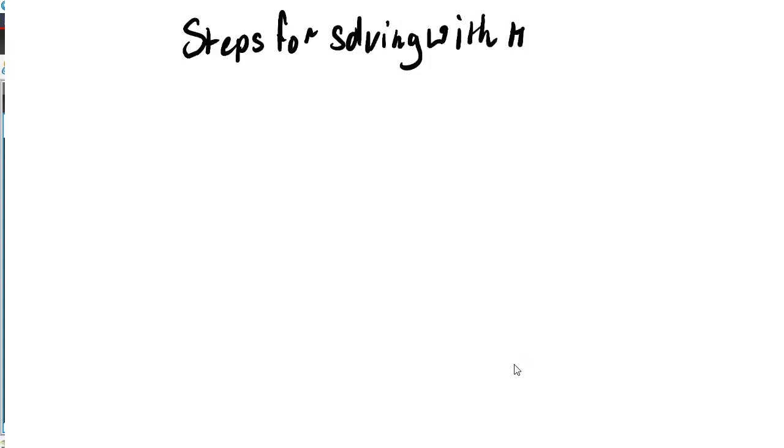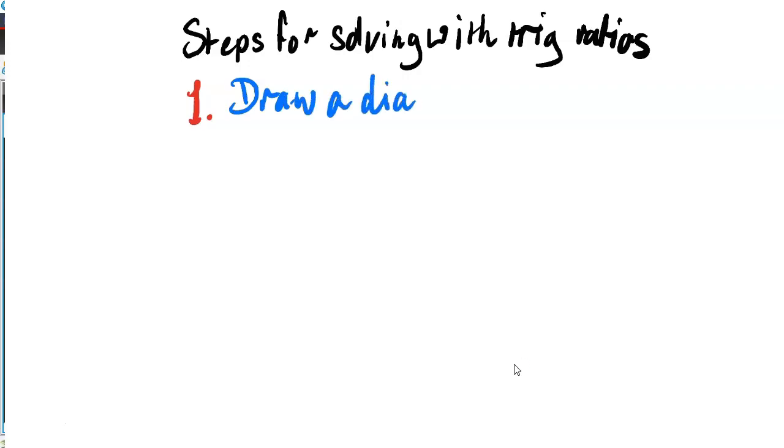So let's think about the steps that we do when we're doing our trig ratios. Steps for solving with trigonometric ratios. Okay, so step 1. What's usually our step 1? Draw a diagram. Okay, draw a diagram or a picture of the situation if it's not there or not clear.